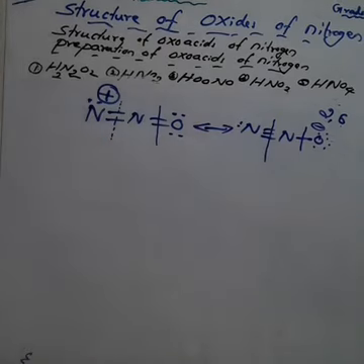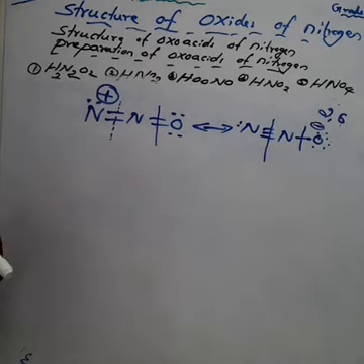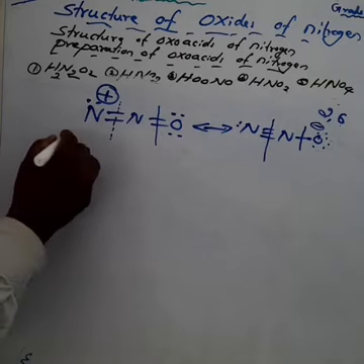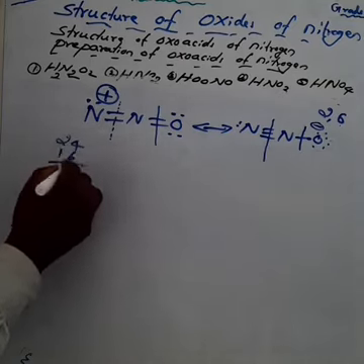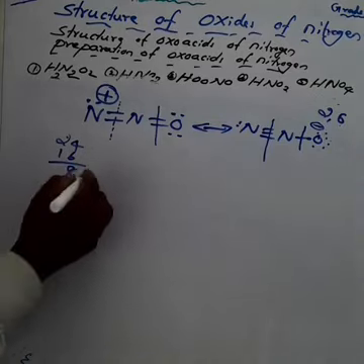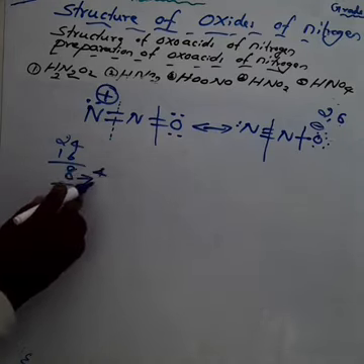Second step, we are going to the second structure: nitrogen-nitrogen double bond, nitrogen-oxygen double bond. Yes or no? The same process we are doing. 3 elements means 24 electrons. But here how many electrons do we have? 16. Am I right? Out of 24, the remaining after 16 is 8. 8 divided by 2 means we get 4.